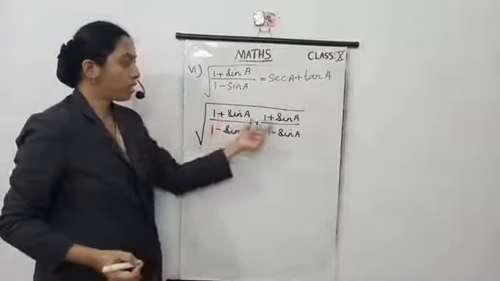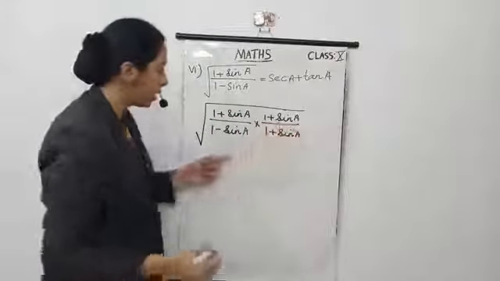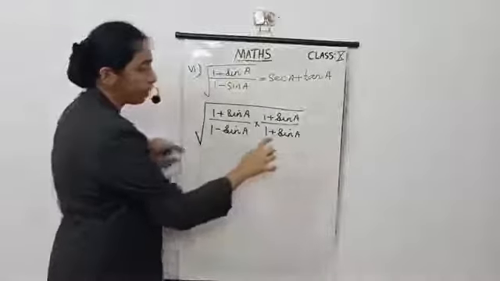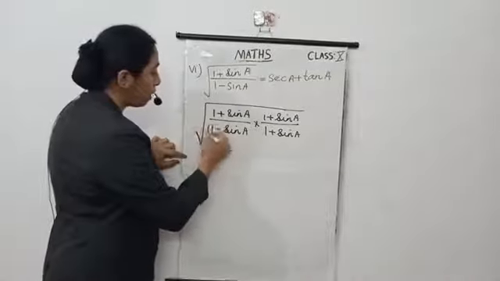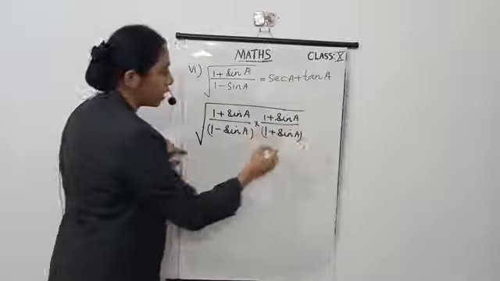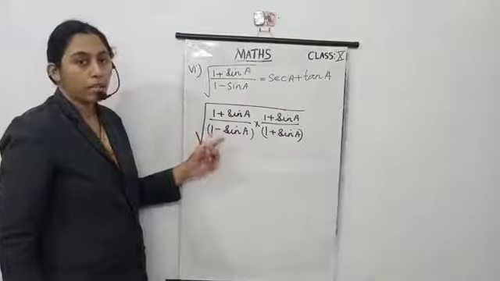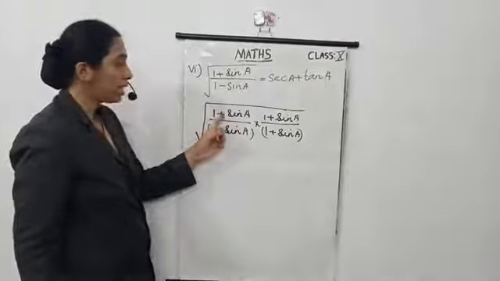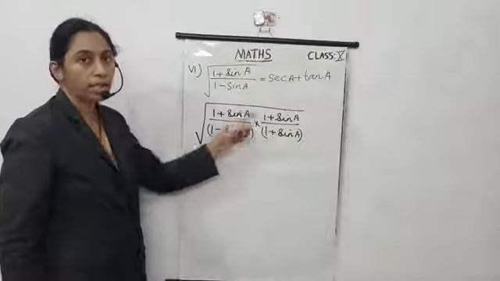Now (1 plus sin A) into (1 plus sin A) by (1 minus sin A) into (1 plus sin A). This is like (a minus b) into (a plus b), isn't it?